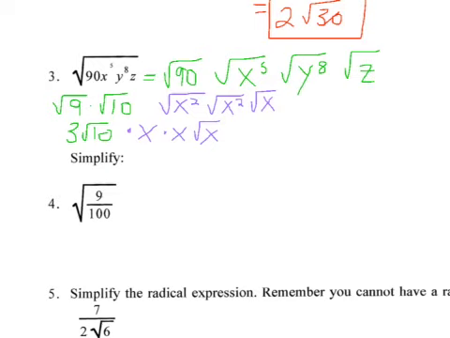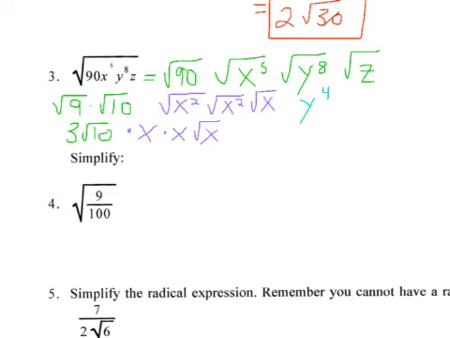We want to do the same thing with y to the 8th. And remember, we learned a little trick in class that makes this go a little bit faster. You can always divide the exponent by 2. So 8 divided by 2 is 4. So we have y to the 4th, and that would be our final answer. There's nothing left inside the square root because there's no remainder.